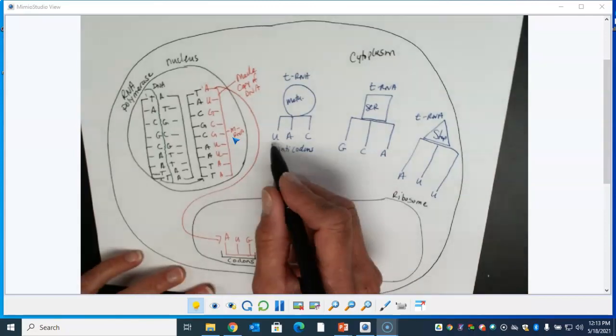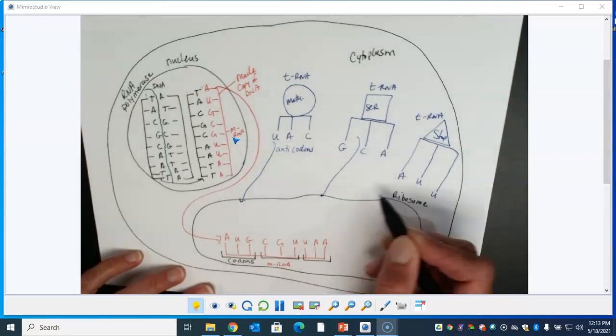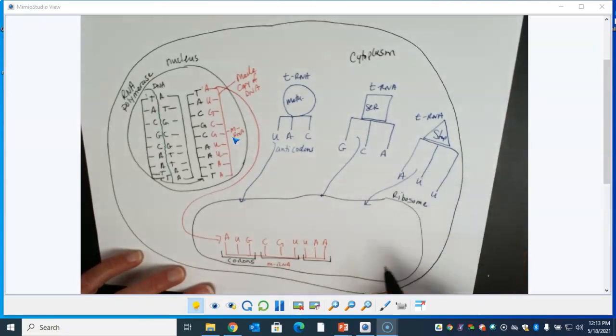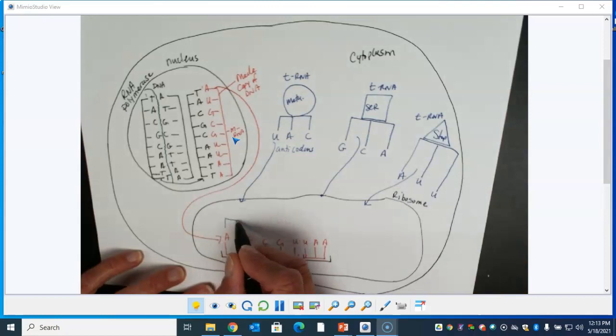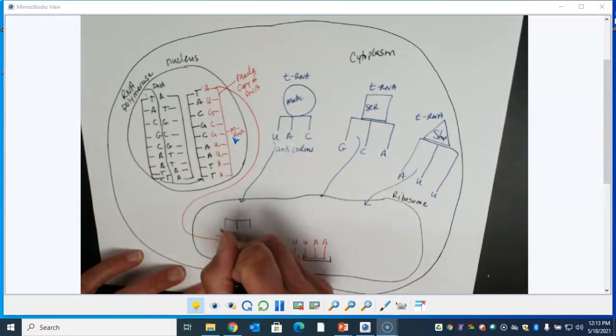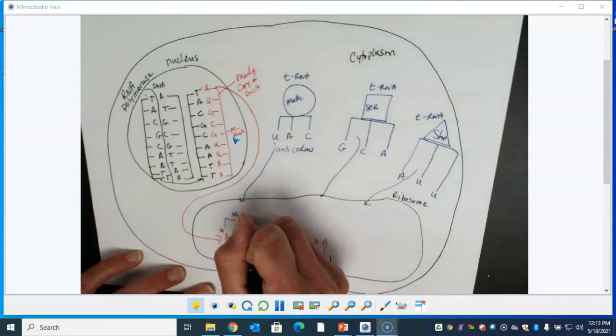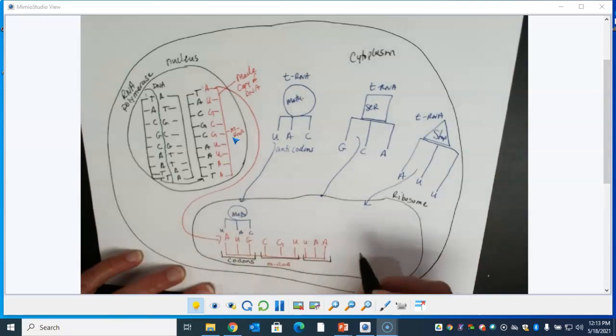So they are going to move into the ribosome, and they are going to match up with their codons. So my anticodon, again, these are all transfer RNA, UAC, and this carries methionine.